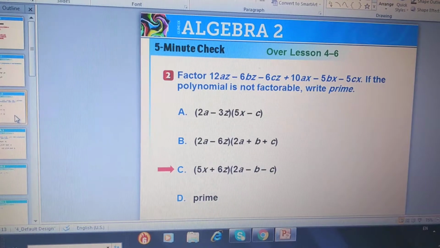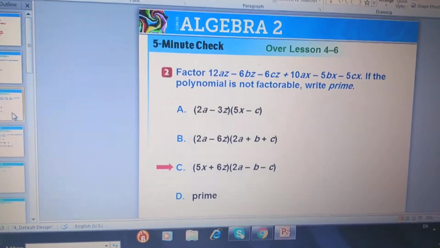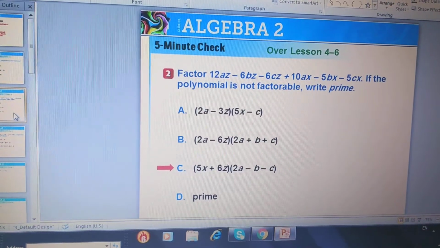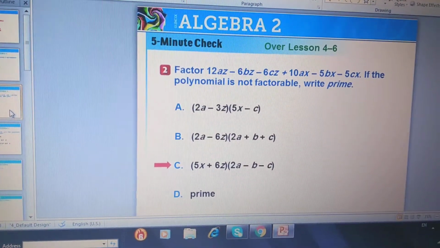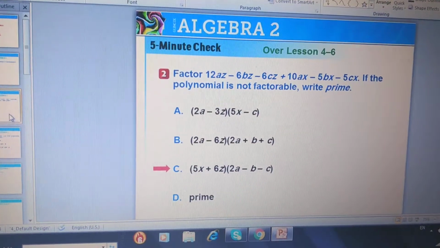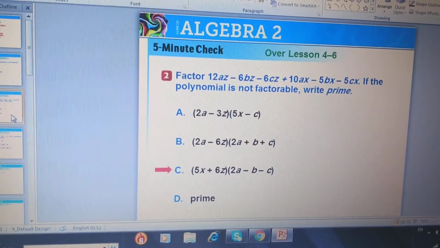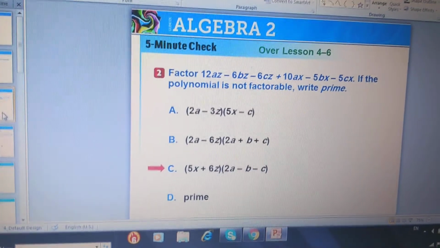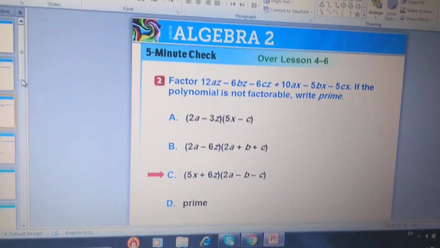The easiest way is to make a grouping or to take a common factor from all terms if you have one. Here, we don't have a common factor in all terms, therefore I need to make a grouping. The answer will be (5x plus 6z) times (2a minus b minus c). The rest are the same.